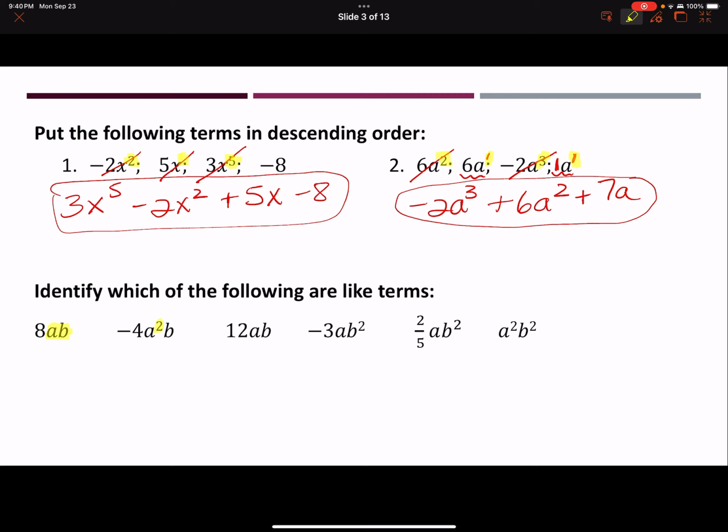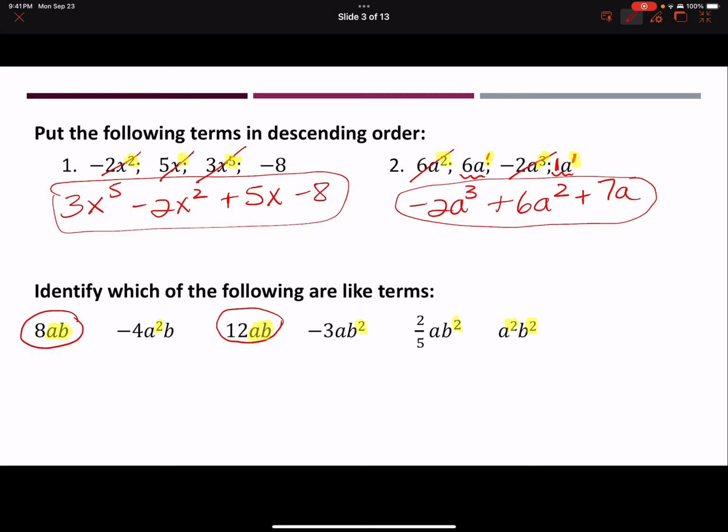That's not a like term. This next one, oh, here we go. A to the first, b to the first. This next one has a b squared. That's no good. And then this one has an a squared and a b squared. So let me start with the 8ab and the 12ab. If those are like terms, I might want to circle them.